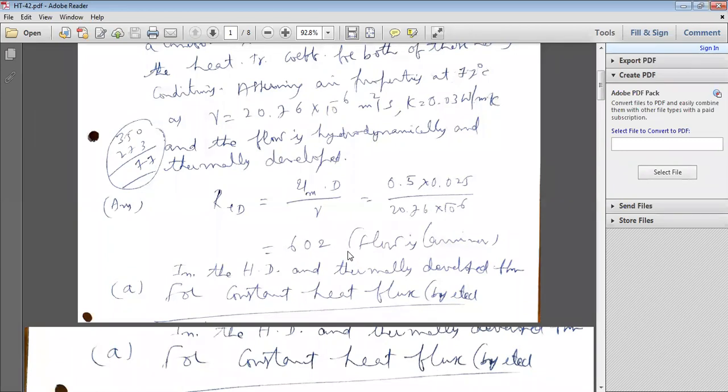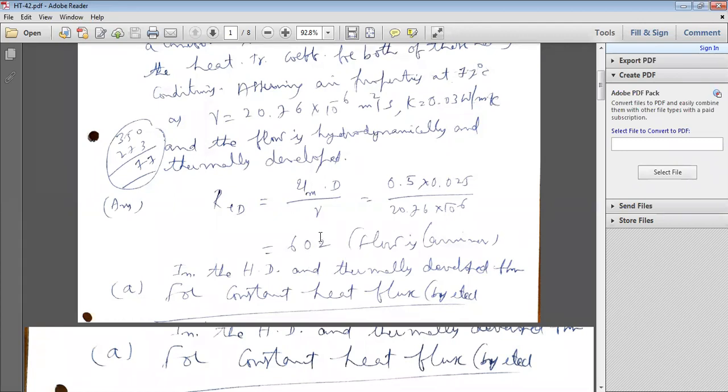Now for a tube flow, we have already studied flow through pipes in fluid mechanics. For any pipe, there is a critical Reynolds number. So is the flow laminar, transition, or turbulent? How do you find out?